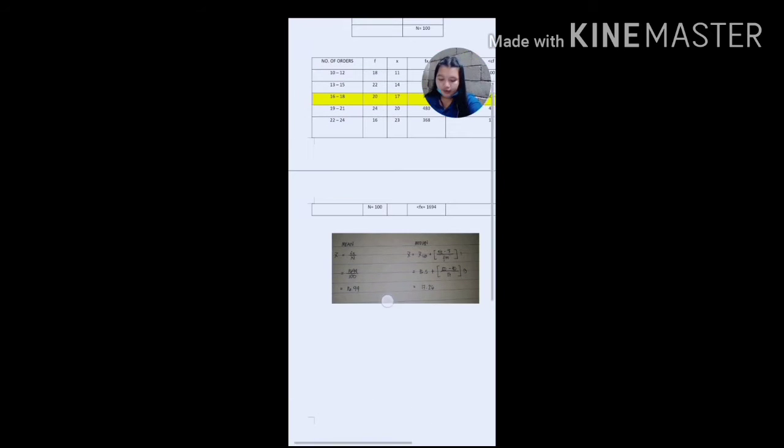So the answer is 17.26. That's how we can get the median for grouped data.